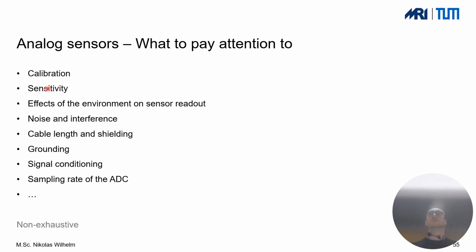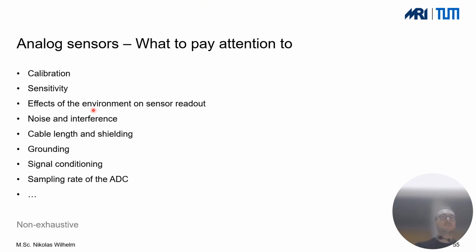If we can solve for that, we know our correlation between the angle and the output voltage, and that is our calibration step. Then of course we need to pay a bit of attention to the sensitivity. How is this whole system affected by certain voltage ranges? Do they change, etc.?